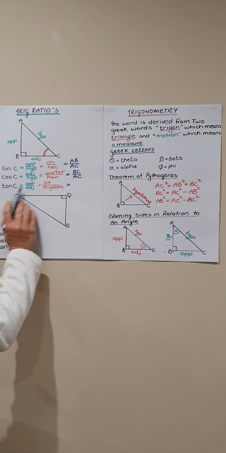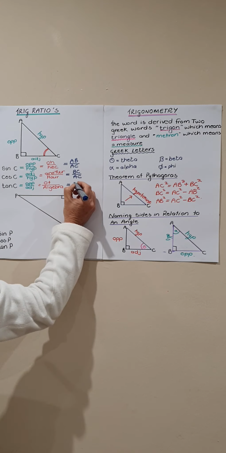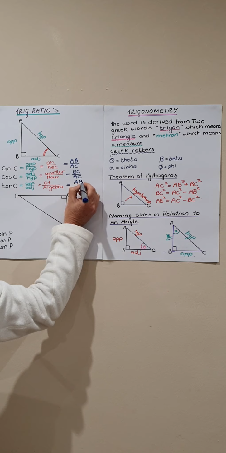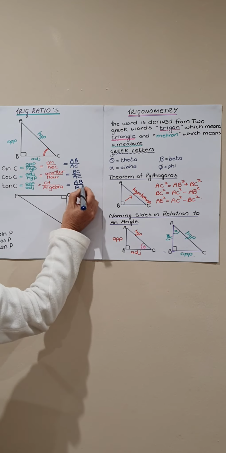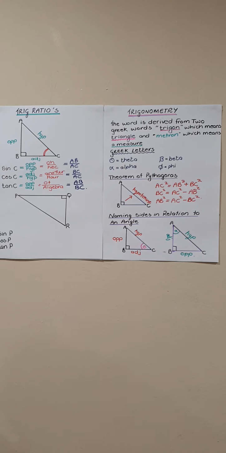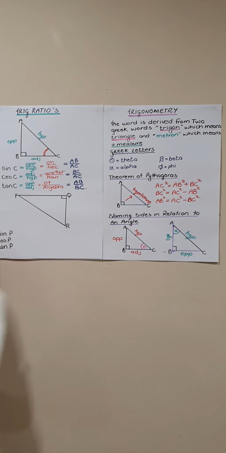And for tan of C, my opposite is going to be AB over my adjacent, which is BC. Guys, it's very, very important that you go and learn your 3 trig ratios.